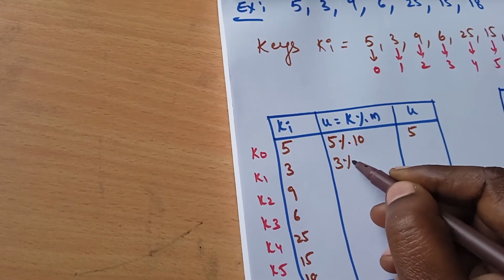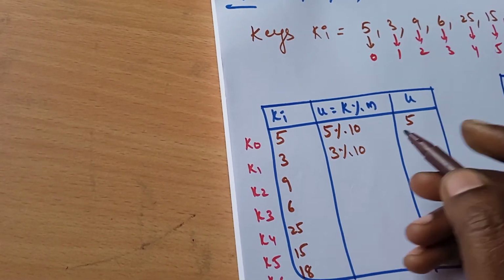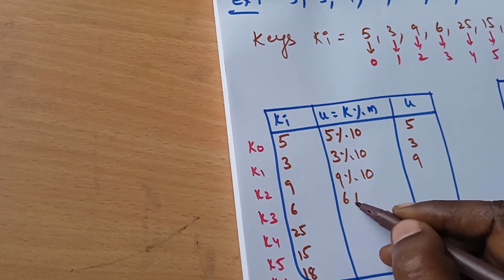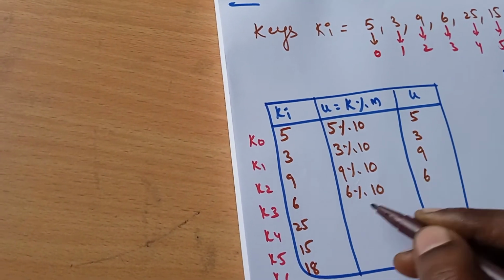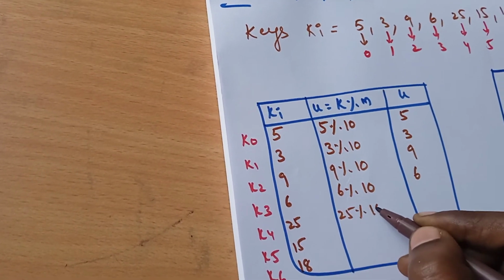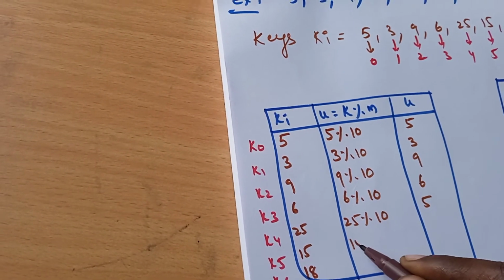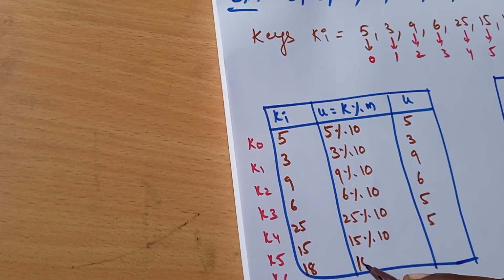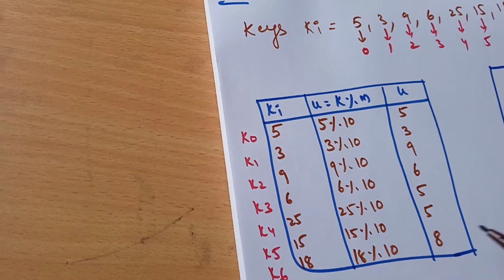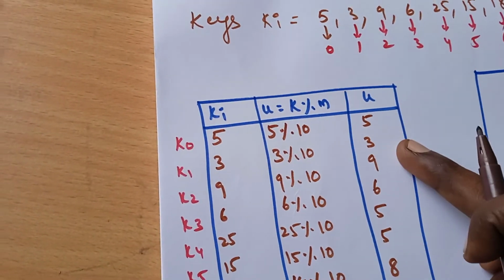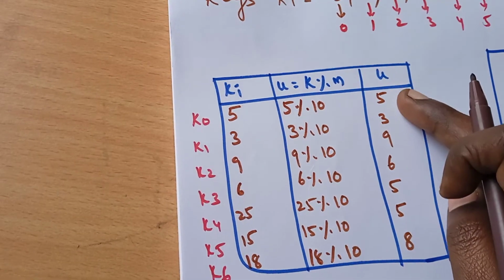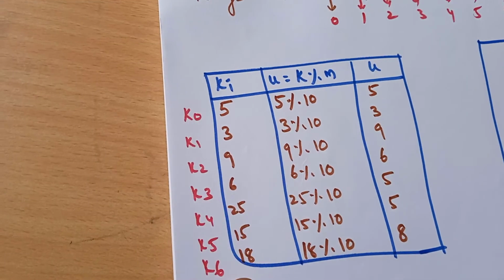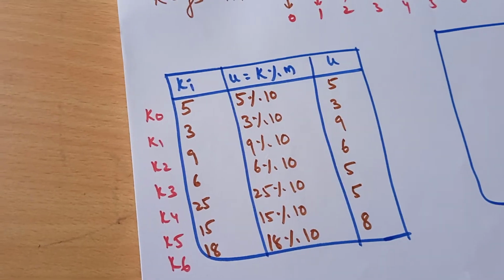And 3 mod 10, answer is 3. 9 mod 10, 9. 6 mod 10, 6. 25 mod 10, answer is 5. 15 mod 10, answer is 5. 18 mod 10, answer is 8. Now what are all these? Locations. Locations to place these keys. So these keys will be available in these locations.